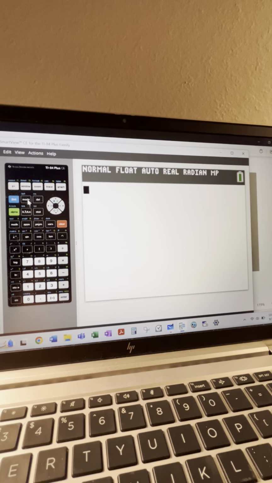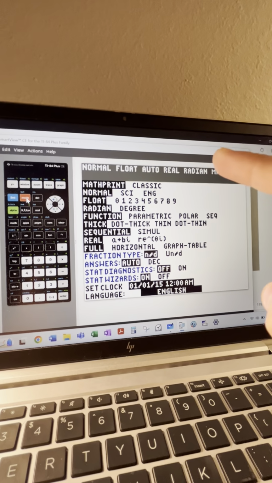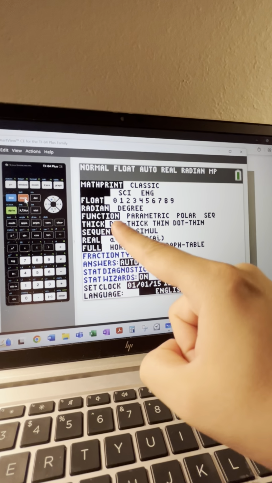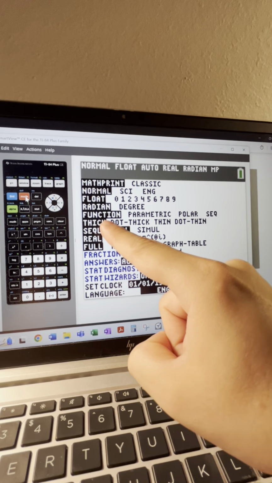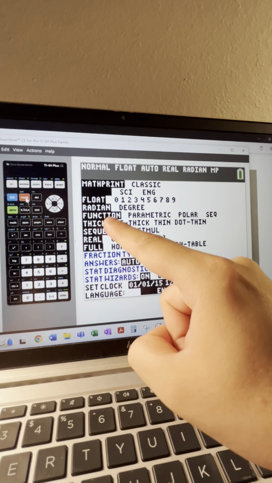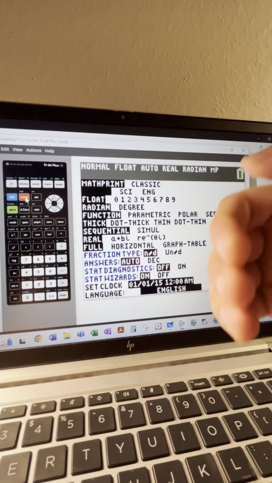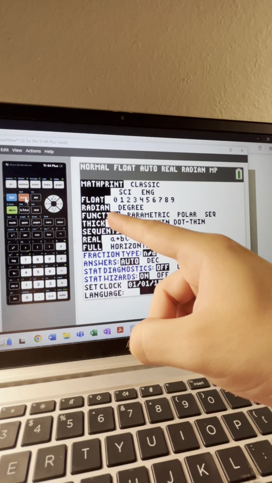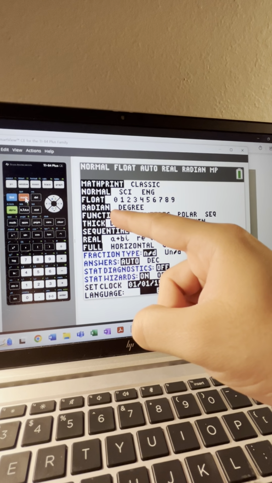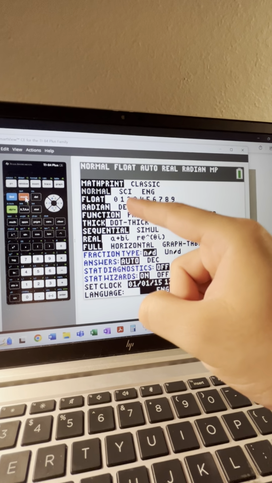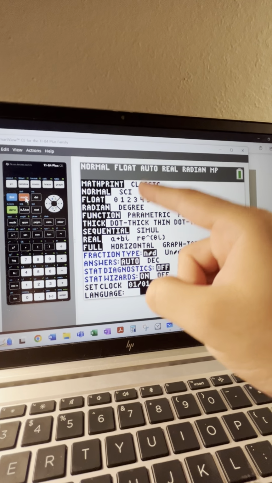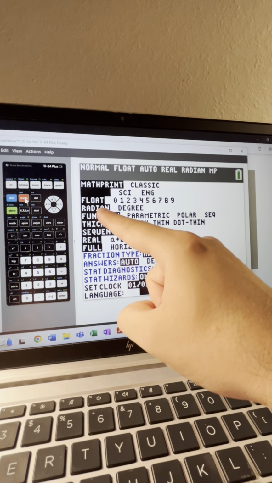You're going to want to go to mode. One little thing I want to point out here is please make sure that your calculator is set to radian mode. It should already be defaulted at that mode. But one important thing I want to bring to your attention is the float option.